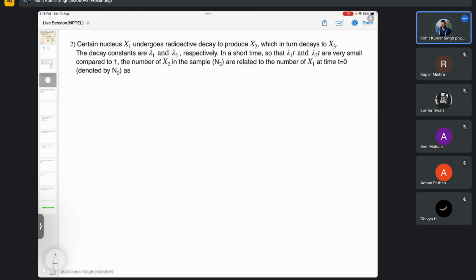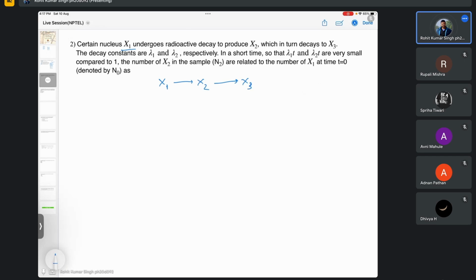Here we have a problem on radioactive decay. The question is, a certain nucleus X1 undergoes radioactive decay to produce X2, which in turn decays to X3. So this is a problem of chain decay.